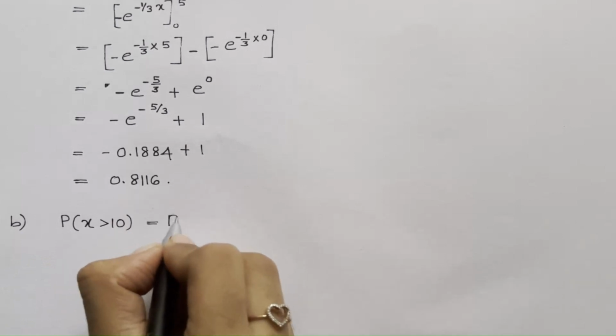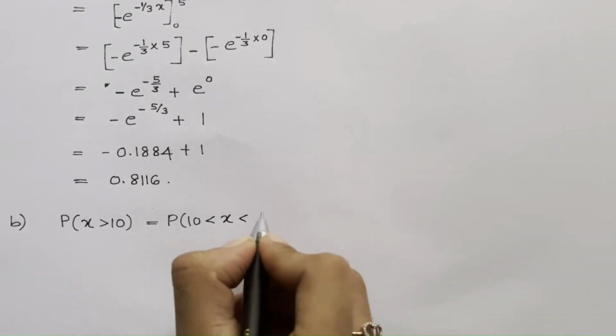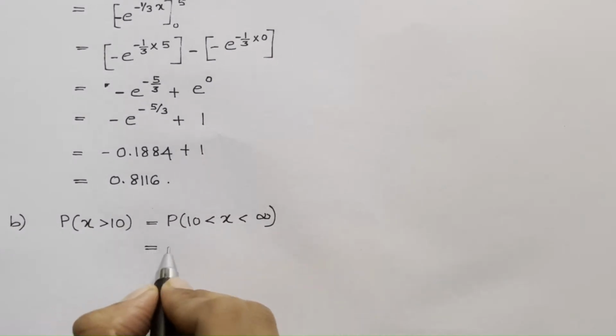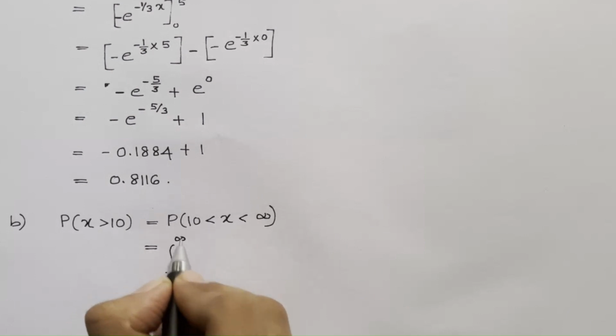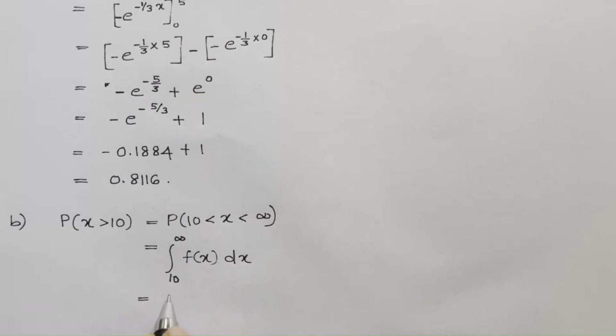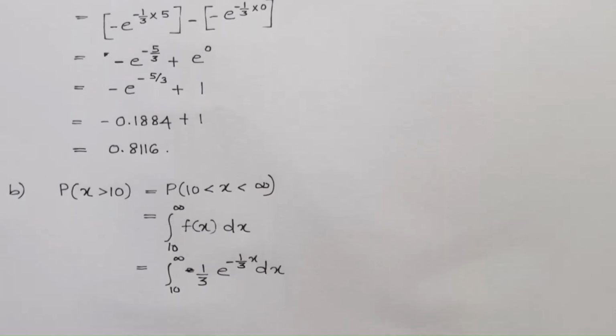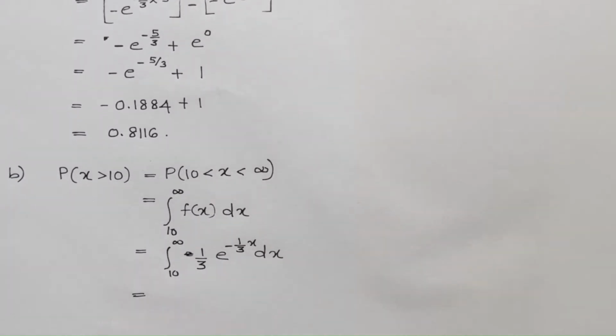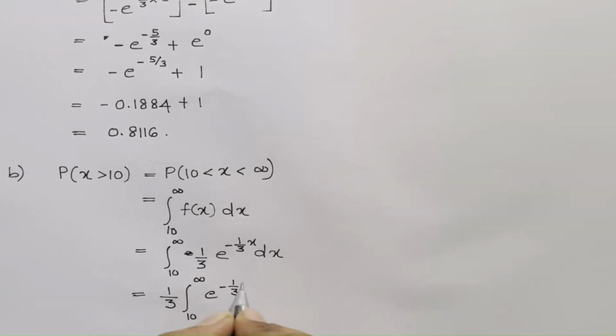That is equal to P of 10 less than x less than infinity equal to integral 10 to infinity f of x dx, equal to integral 10 to infinity 1 by 3 e raised to minus 1 by 3 x dx. We put 1 by 3 outside of the integral.